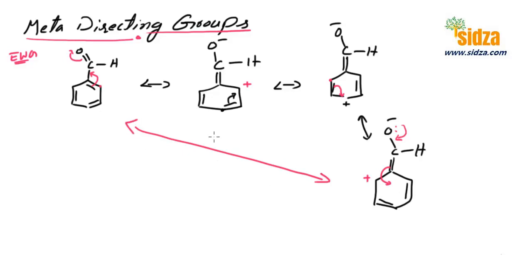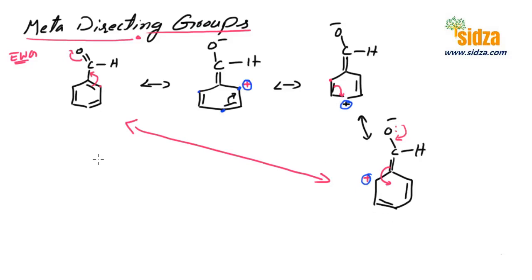So what we find, due to the resonance here, when you attach a C double bond OH group to the benzene ring, the ortho and the para positions in the benzene ring are positively charged. So this electron withdrawing group takes electrons from the ring, and that creates a positive charge at the ortho position, para position, and again the ortho position.